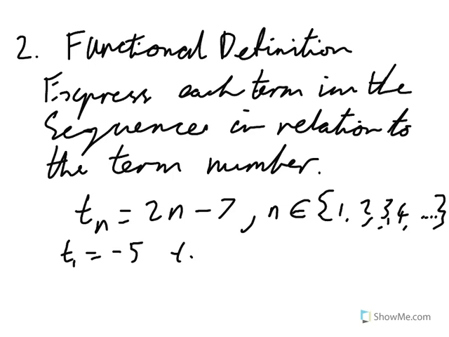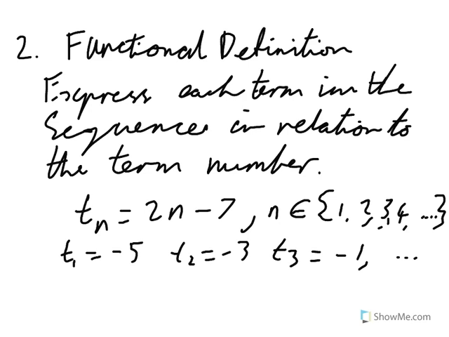The second term, substituting 2: 2 2s are 4, take 7 is minus 3. Term 3 is minus 1, and so on for each of those terms. So that's a fairly simple one.